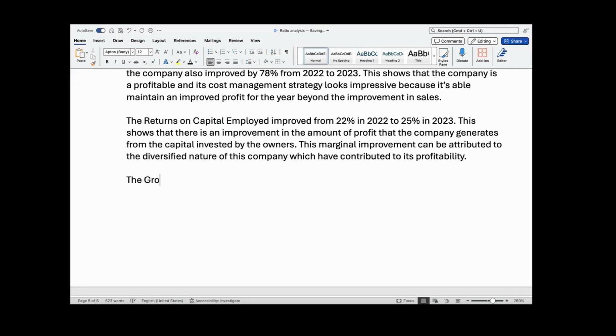The gross profit margin, operating profit margin, and net profit margin improved marginally.